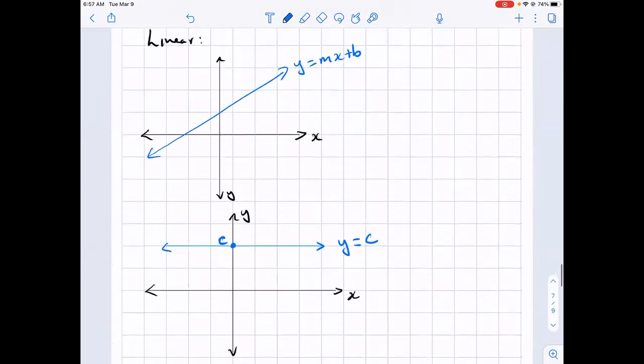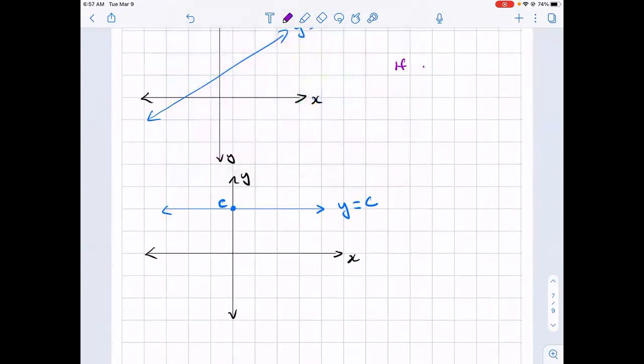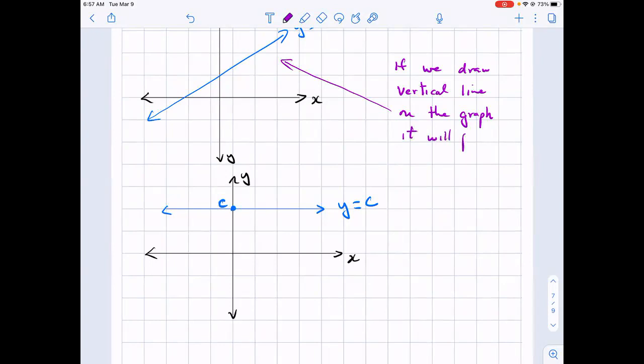So you will notice that if we draw vertical lines on this graph here, it will pass the test.